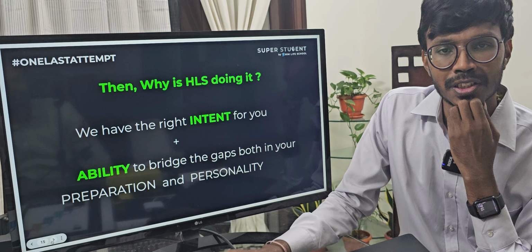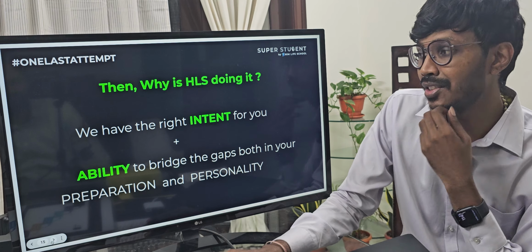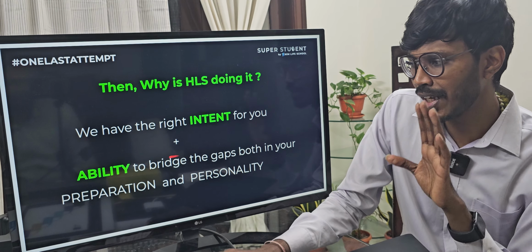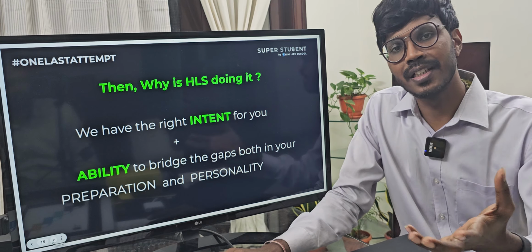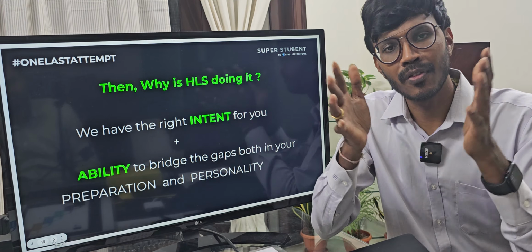Now, this brings us to the question: if this is so difficult, if this is so complicated, why is HLS even doing this? We have two things. One, we have the right intent for you, and we have the ability to bridge all your preparation and personality related gaps. For preparation related gaps, we ourselves are chartered accountants with a team of 10 CS.